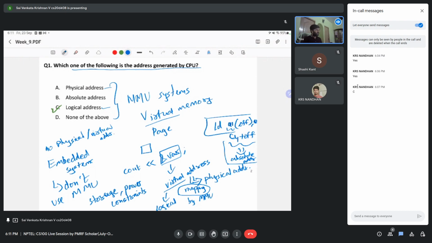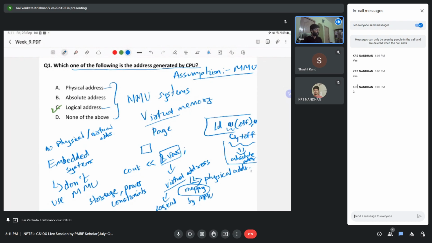But as far as this course and this week 9 are concerned, we concentrate mostly on the MMU, the memory management unit. So in this context, it is assumed that the MMU is present, and the address generated by the CPU is known as the logical address.